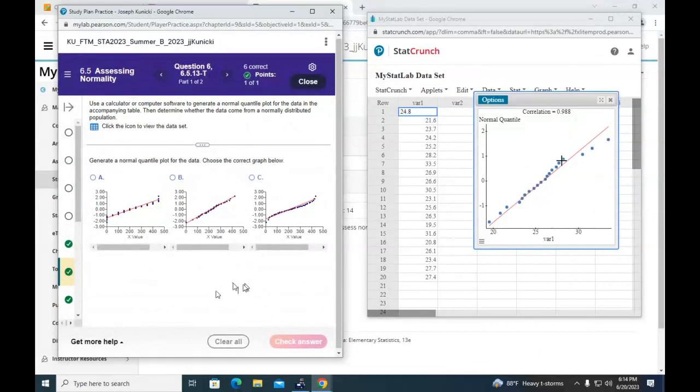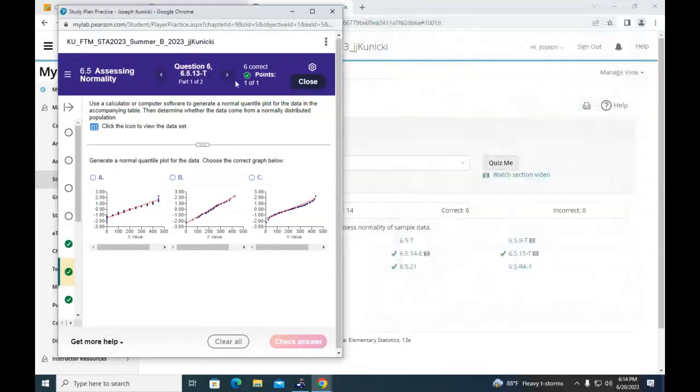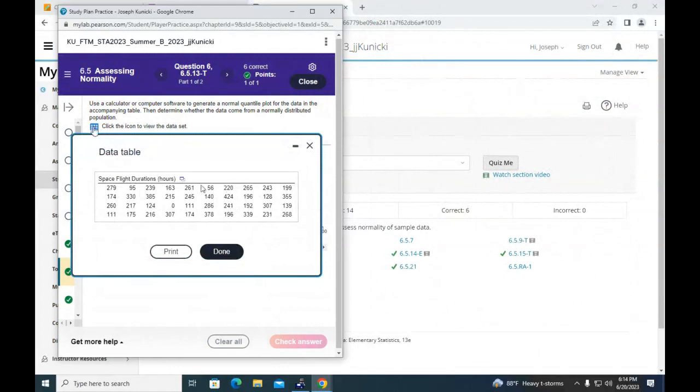Here's one where we have to do the same thing again. Open the data. Now this one has 4 times 2, 4, 6, 8. There's 40. All right, so we could consider it to be normal, but let's see what happens.